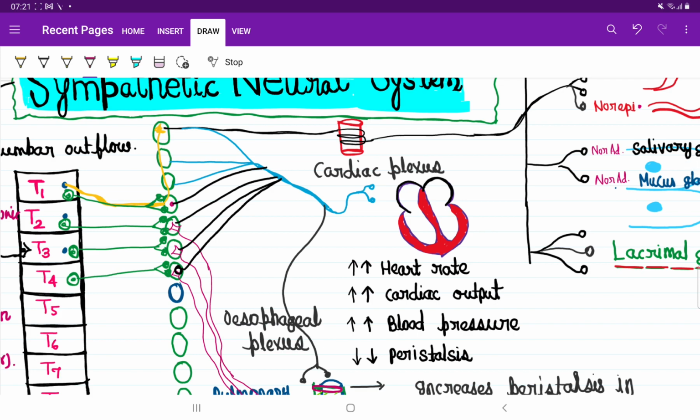And when they increase the force of ventricular contraction, the heart will pump more and more blood, and that increases cardiac output. Blood pressure obviously will increase, and then they will increase heart rate also. They will act on the sinoatrial node, and they increase metabolism in the P cells there, and they increase heart rate. Fine.